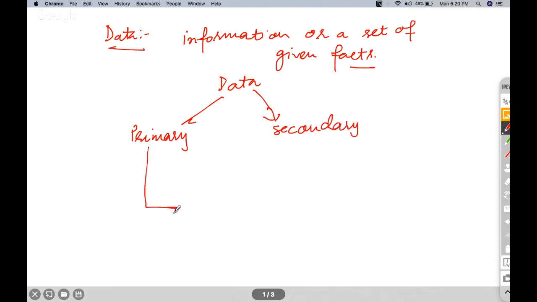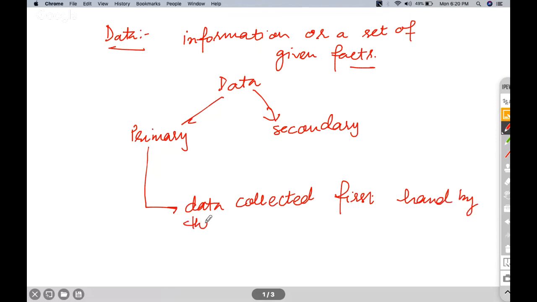Primary data is data collected firsthand by the investigator himself.